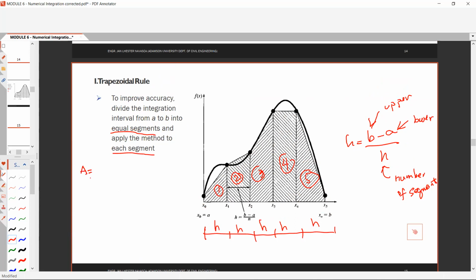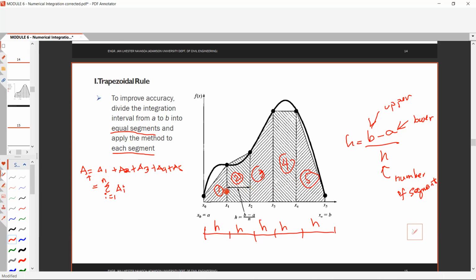We can just sum all the areas. The total area is area 1 plus area 2 plus area 3 plus area 4 plus area 5, or the summation of areas a sub i from i equals 1 to n, depending on how many n we have. We just sum all the areas: 1, 2, 3, 4, 5. So how do we solve for each area?